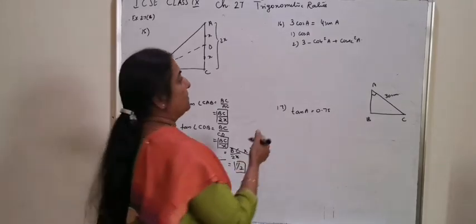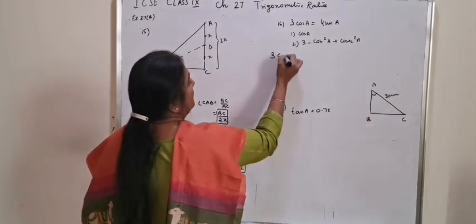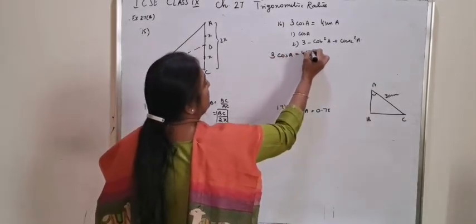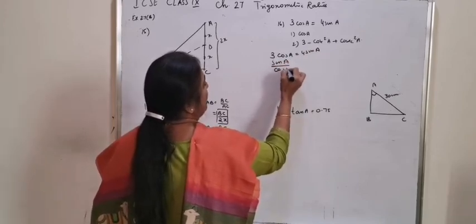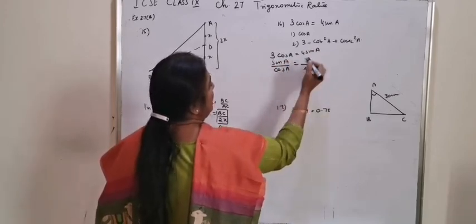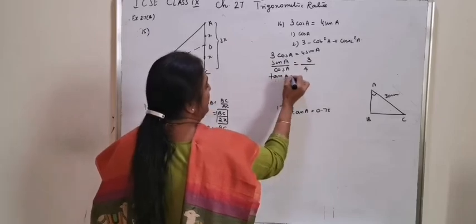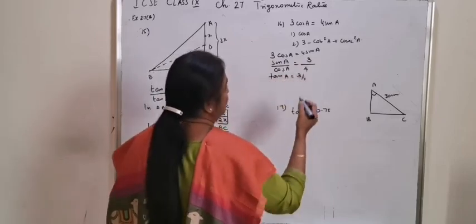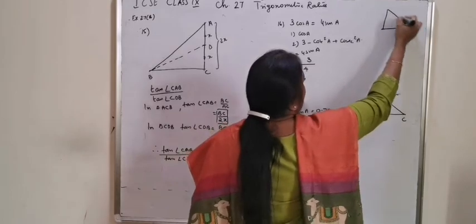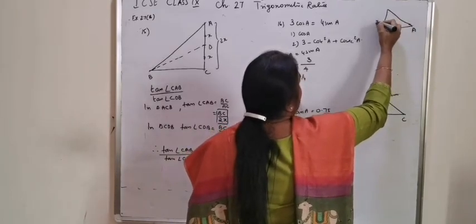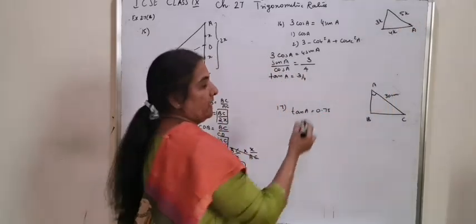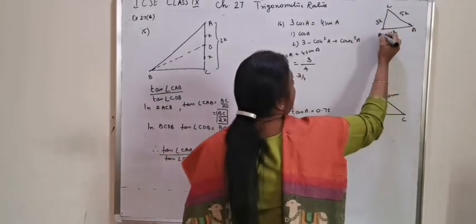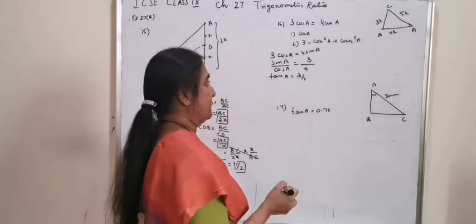Number 16, a similar question we have done earlier. 3 cos A is equal to 4 sin A, or sin A by cos A is equal to 3 by 4. Tan A is equal to 3 by 4. We will mark angle A and the sides are 3K, 4K. We get the length of AC by Pythagoras theorem as 5K.